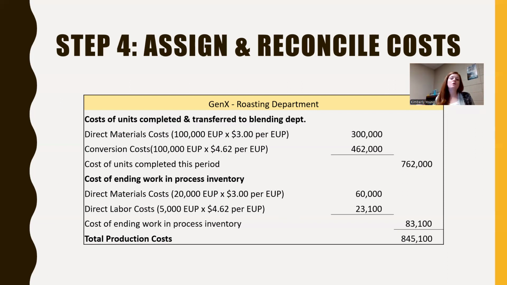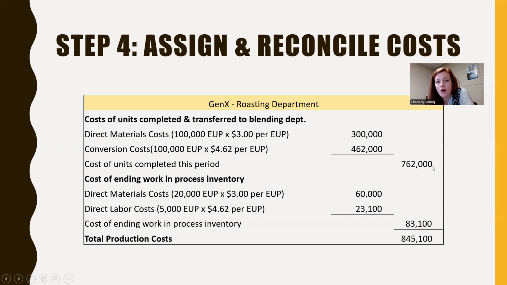It's confusing, but if we're 25% complete, it's like having 25% of them done, even though all of them are only 25% complete. We multiply that times the $4.62 for the conversion cost, and we have 23,100 put into the work in process roasting department right now. When we add together these costs, we have $83,100 worth of costs in work in process roasting department at this moment.